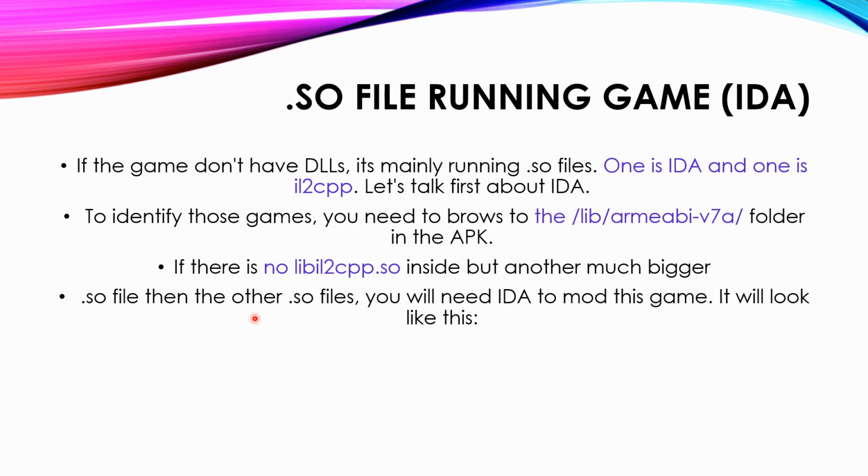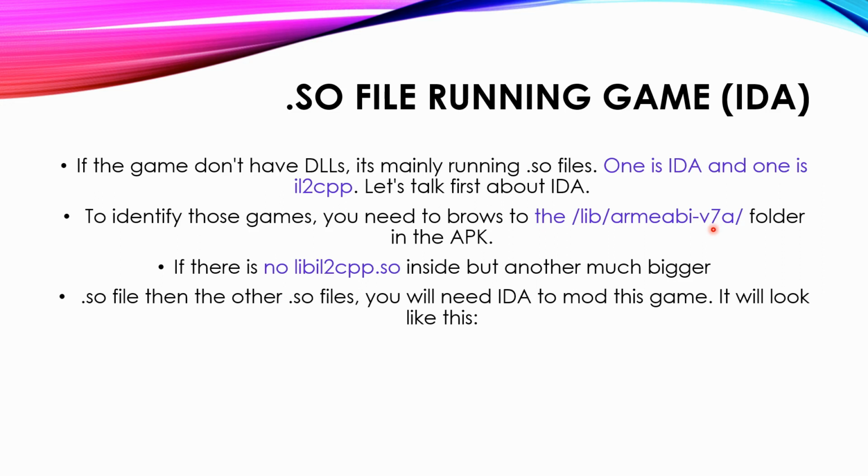If you browse the game and you find out there is no access folder, then you should also browse the folders in lib, like armeabi-v7a, v8, since they are in the lib folder of the APK, and you should see that so far.